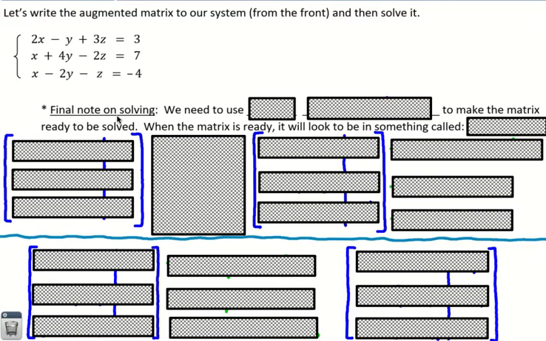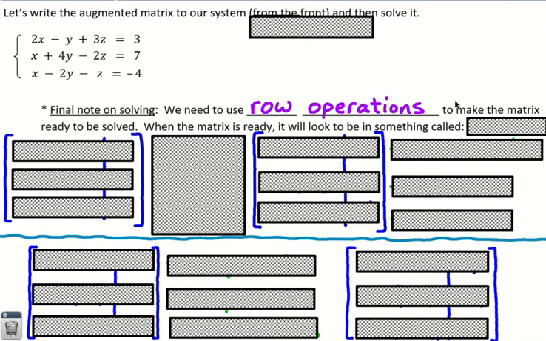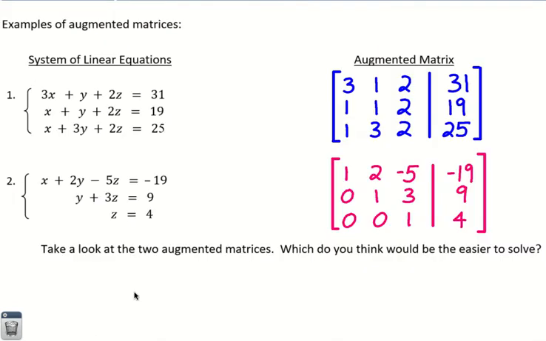Final note on solving. We need to use row operations to make the matrix ready to be solved. When the matrix is ready, it will be in something called row echelon form. Spoiler alert, looking like this.